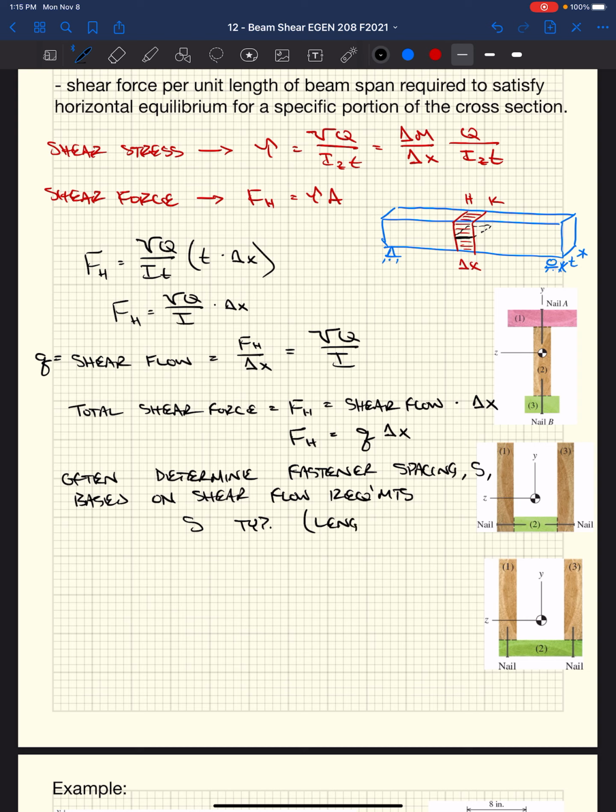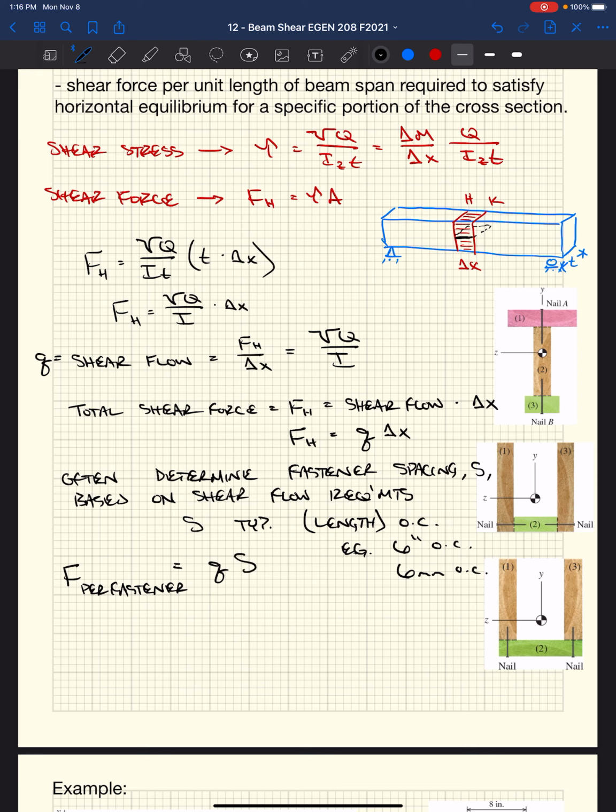This is typically specified as some length on center, right? So it'd be, for example, 6 inches on center, 6 millimeters on center, 1 foot on center. So we can figure out the force per fastener, which is really equal to the shear flow times the spacing, right?